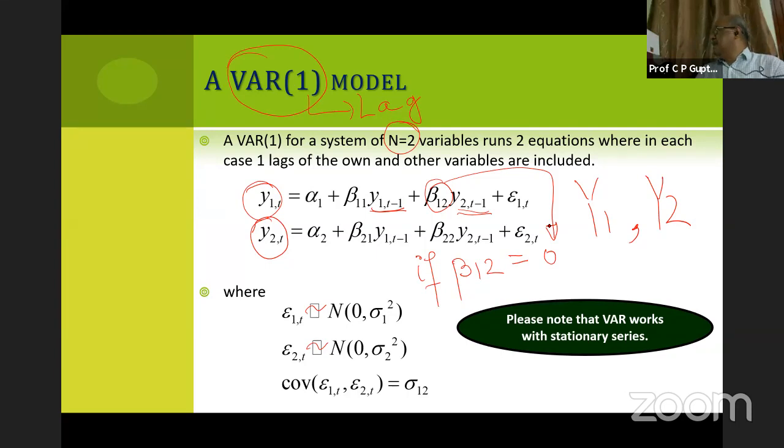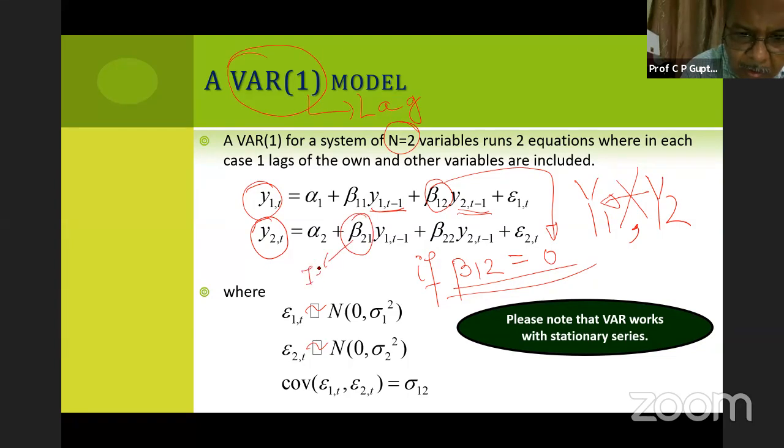Some of you said that if it is equal to 0, there is no causality between y2 and y1. That means y2 is not Granger causing y1. If beta 2 1 is not equal to 0, what does it mean?